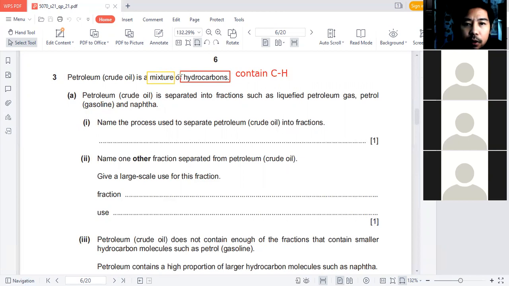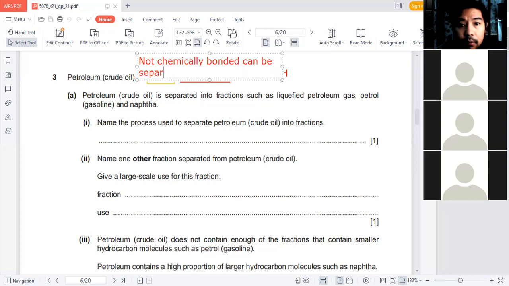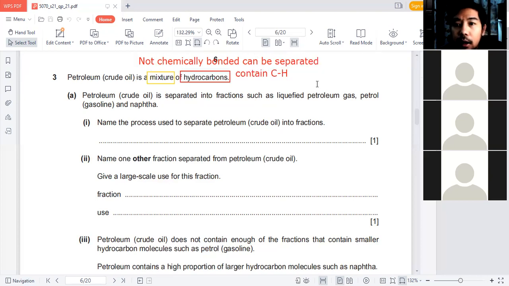So what is a mixture? It is not chemically bonded, so it can be separated using a particular method, whatever method it is.